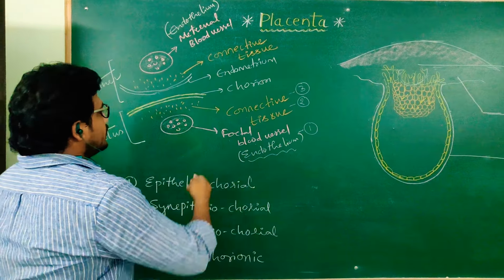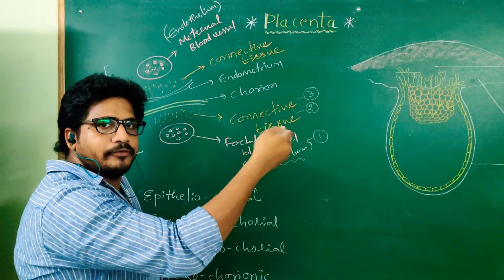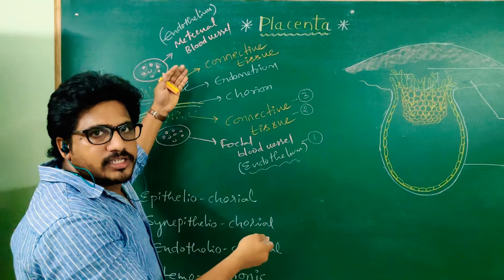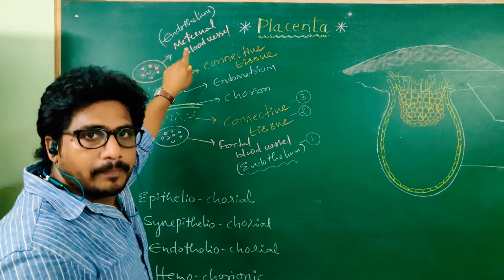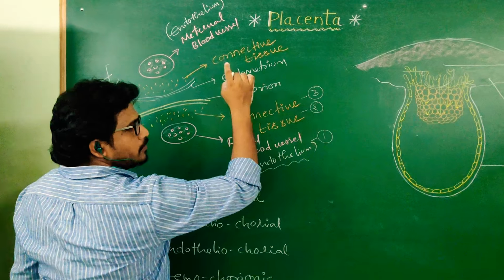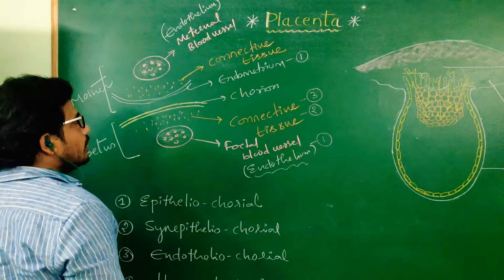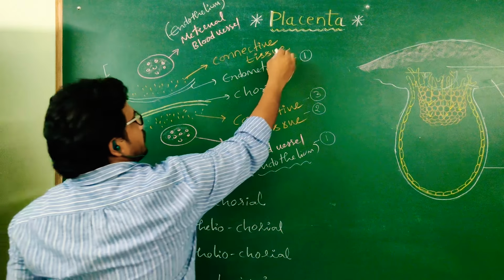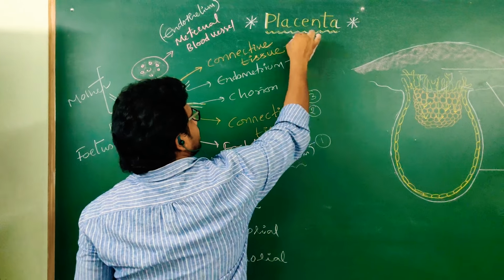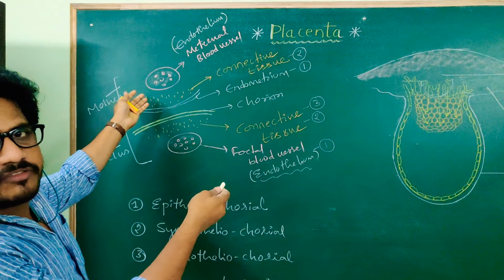Clear? Now these 3 parts are going to interact, fuse and integrate with maternal tissue. How many tissues of the maternal part are countable? Endometrium belongs to the mother. So this is the first part. Next, the connective tissue of the mother. So second part. Inside the connective tissue, so many blood vessels will be there.